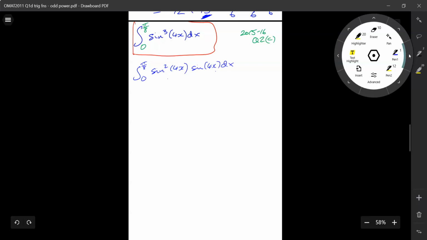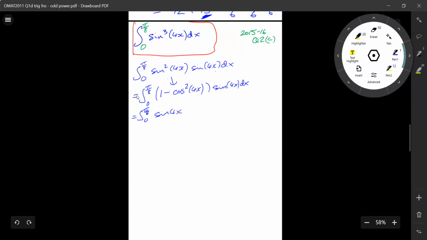Step number 1 is split the cube into a square and a single power. Step number 2, we substitute in 1 minus cosine squared 4x for sine squared 4x. And then we have sine 4x dx. Step number 3, we multiply it out.